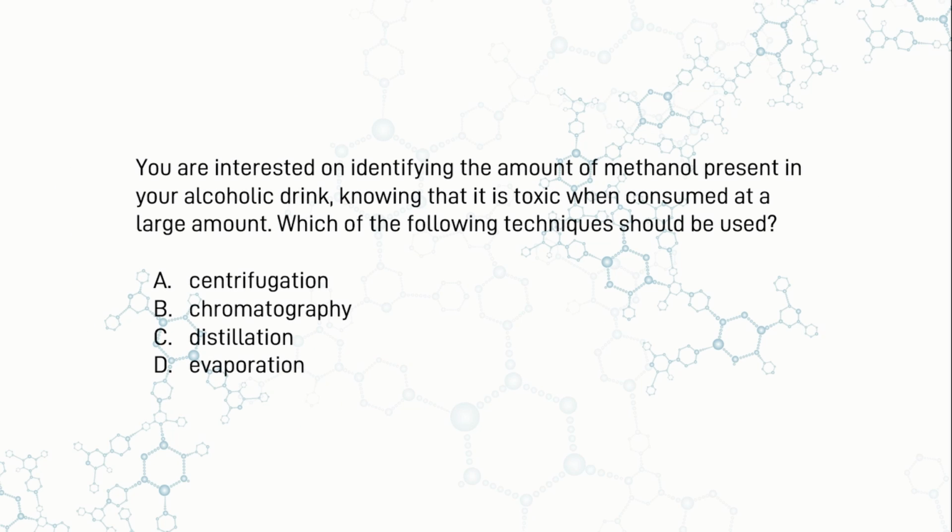Question number 3. You are interested in identifying the amount of methanol present in your alcoholic drink, knowing that it is toxic when consumed at a large amount. Which of the following techniques should be used? A. Centrifugation. B. Chromatography. C. Distillation. Or D. Evaporation.